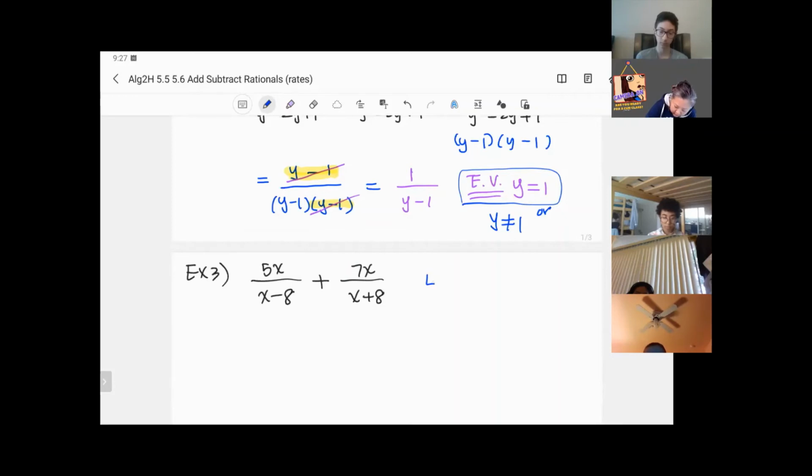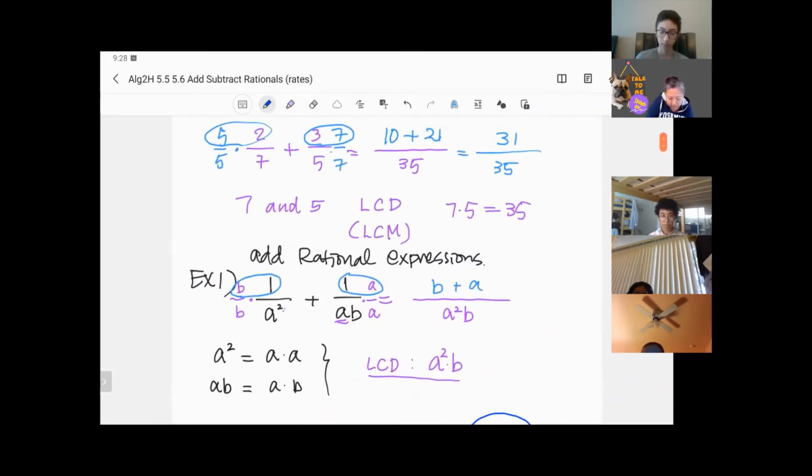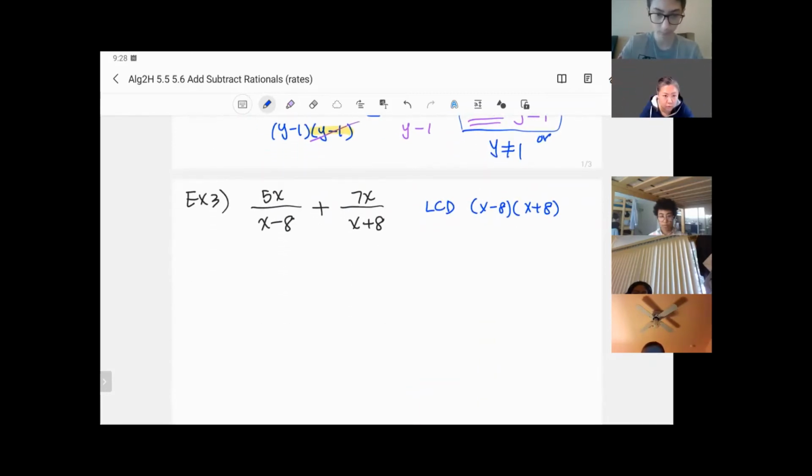So the least common denominator for this case is x minus 8 times x plus 8. How do we come up with this? It's just like when we had the denominators 7 and 5 earlier, we just multiplied them because there's no common factor between them. So we didn't really have to worry about the least common multiple, right?